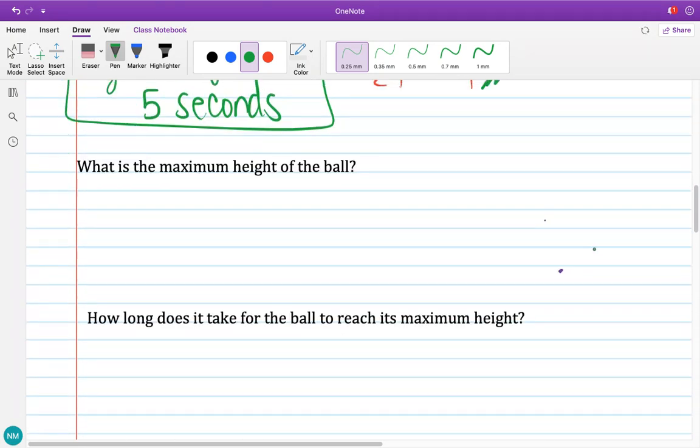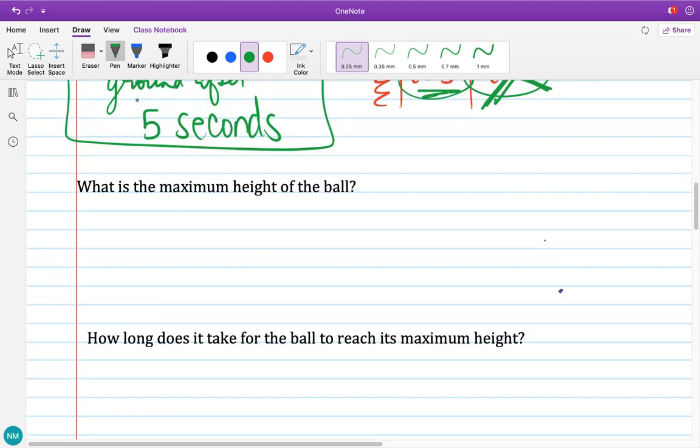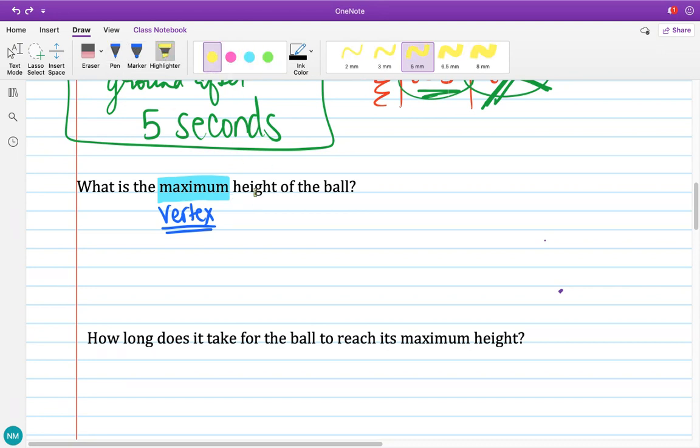Okay, now, what is the maximum height of the ball? Keywords. Maximum is our first keyword because that tells us that we have to find the vertex immediately. It's asking what the maximum height is.